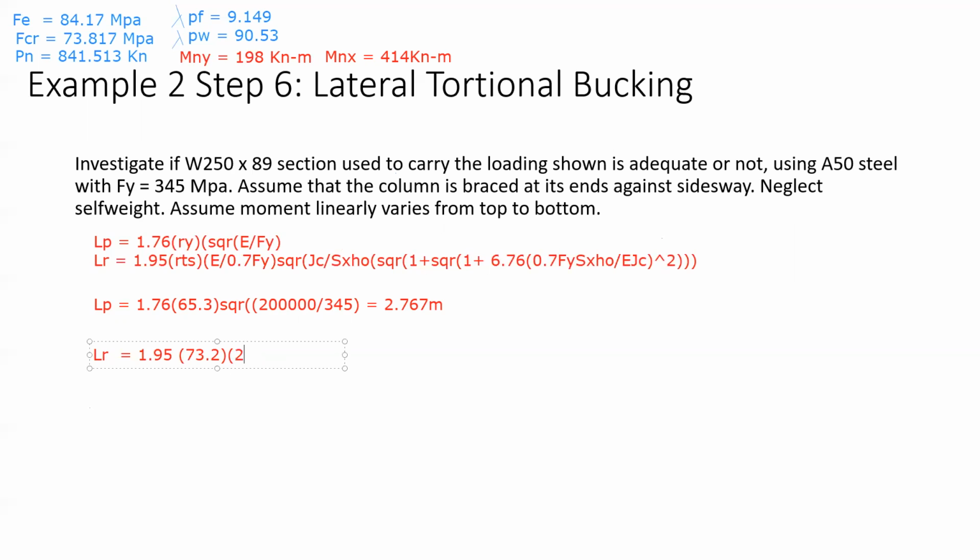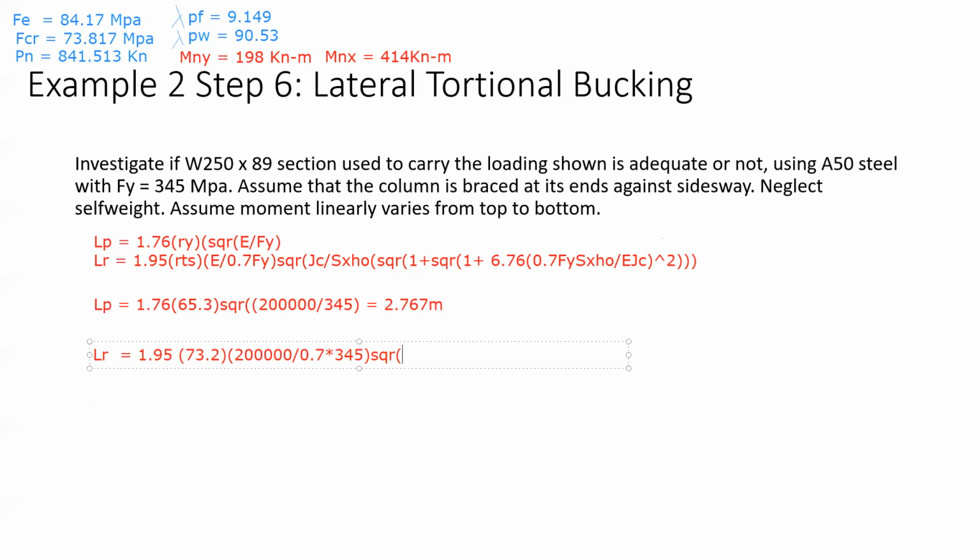So we have E 200,000 over 0.7 times 345. Ayan. And then i-multiply natin yan sa square root ng JC natin. That is yung J na 1030 times 10 raised to 3 mm to the fourth.